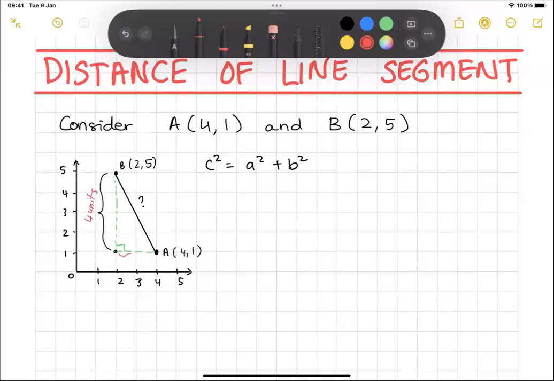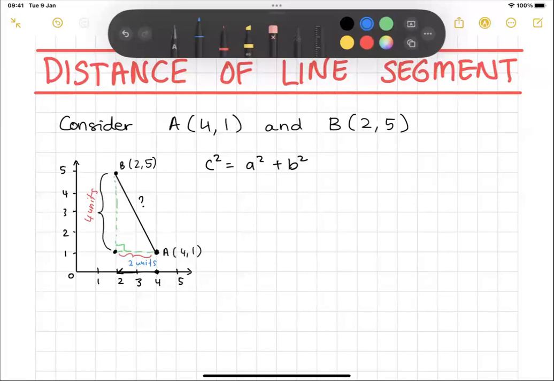Then for my length for the bottom part, I start at 4 and I'm going to 2. Well, I need to do 4 minus 2, which gets me 2 units.